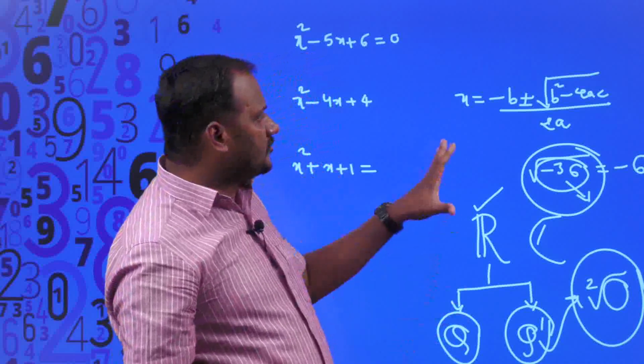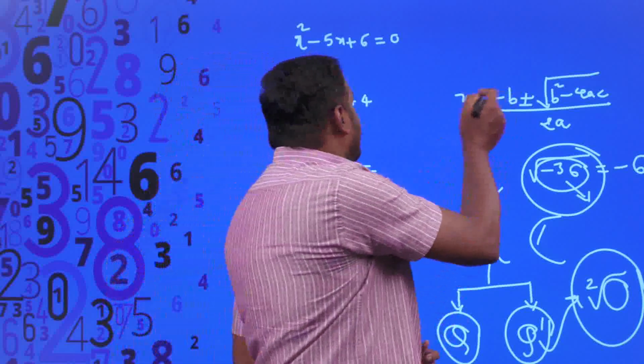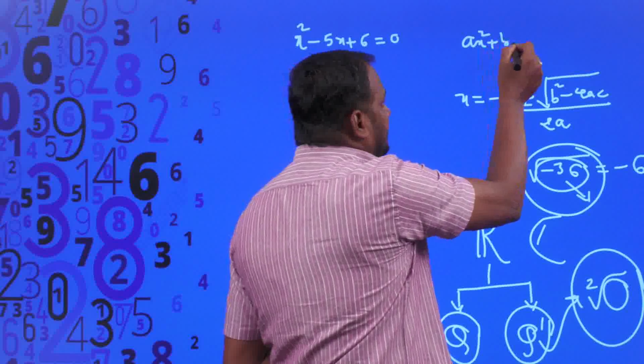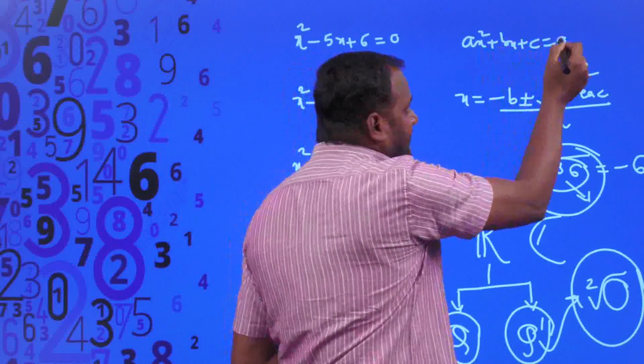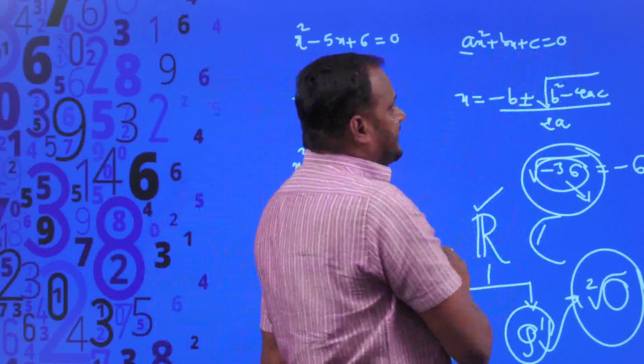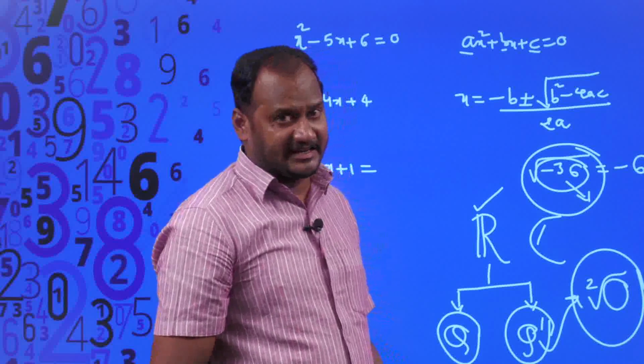So there is only one case here we need to understand. According to the definition, ax square plus bx plus c equal to 0 is a real quadratic equation, where the coefficient of x square, the coefficient of x and the constant are real numbers.